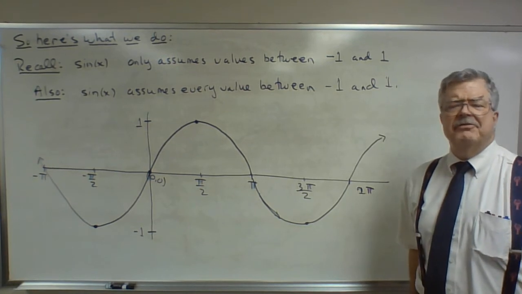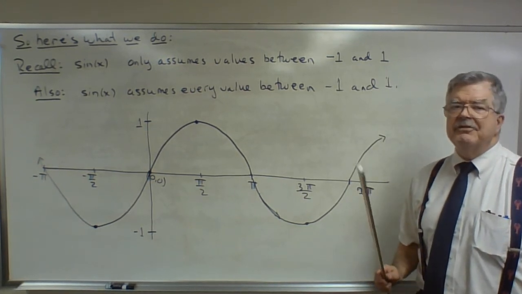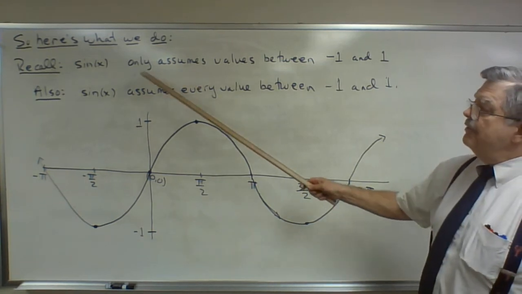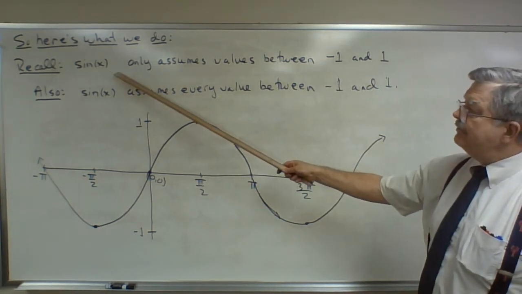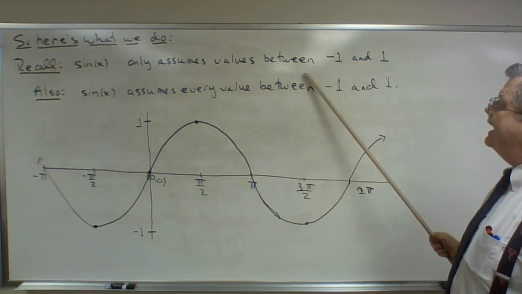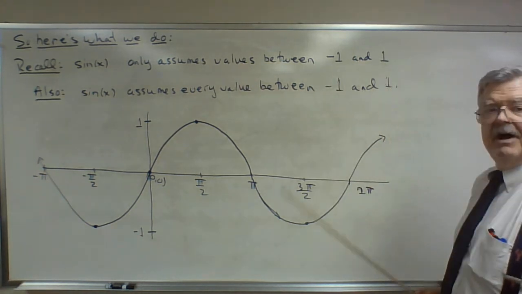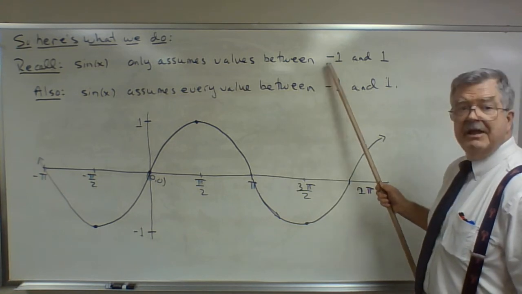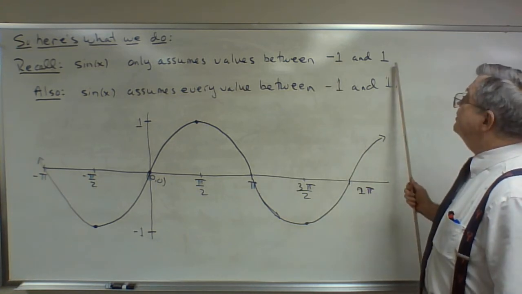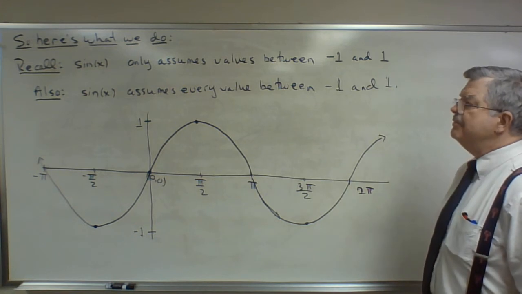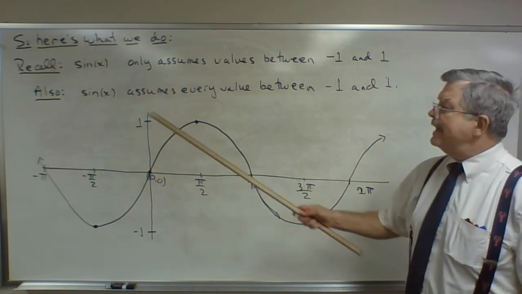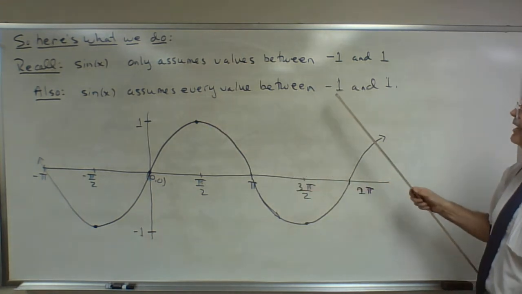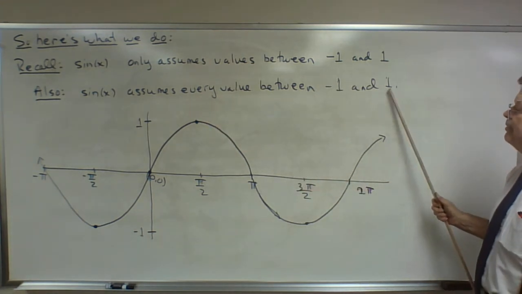Here's how we fix the problem and get ourselves out of a very sticky situation. We realize that sine of x only assumes values between -1 and +1. Sine of x is never less than -1. It's never greater than +1. We also recognize that the sine of x assumes every value between -1 and +1.